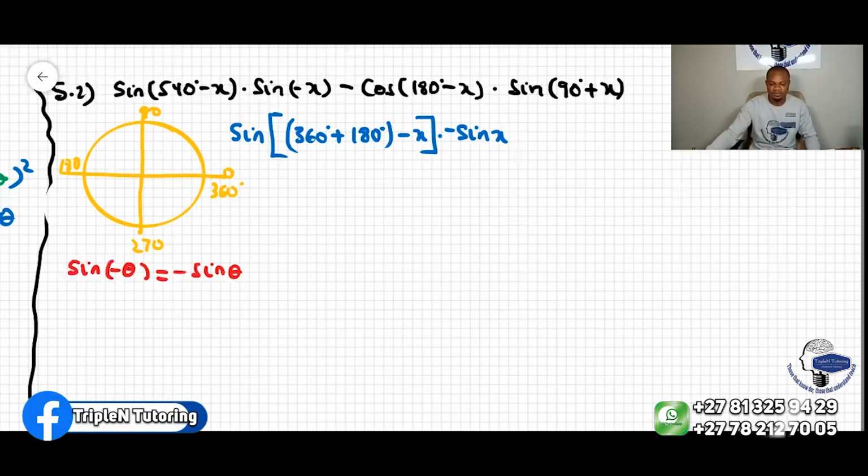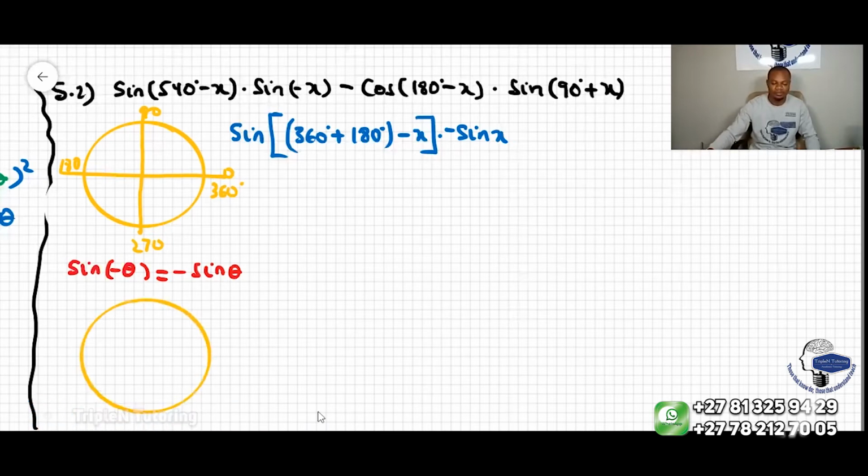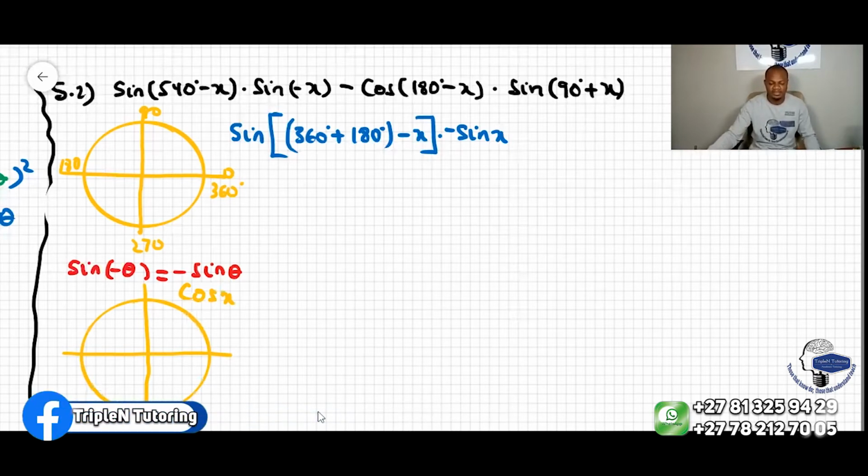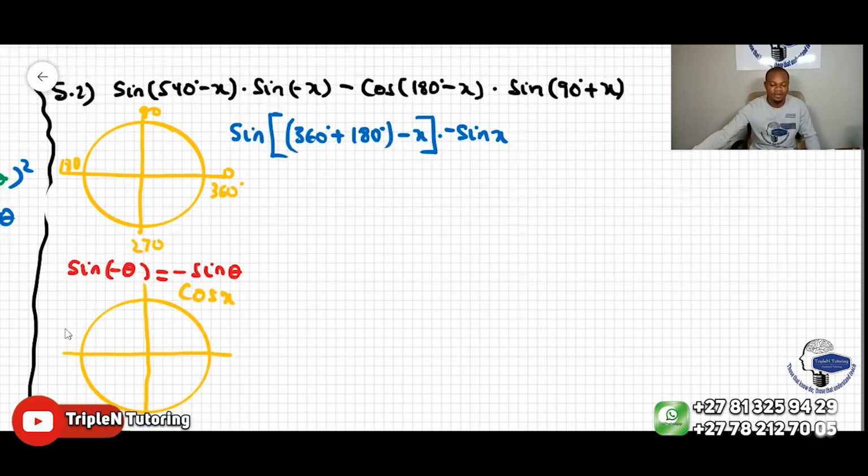Now for the cos, negative cos of (180 minus x), I'm going to draw another circle here for the cos function. We do know that 180 minus x must be in the second quadrant, somewhere there.